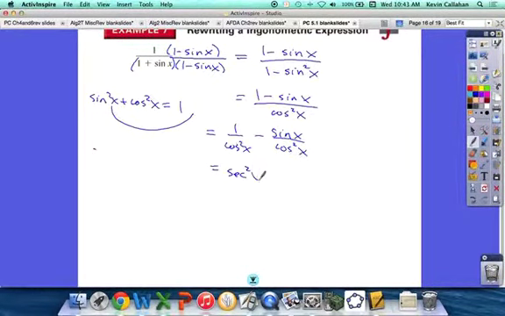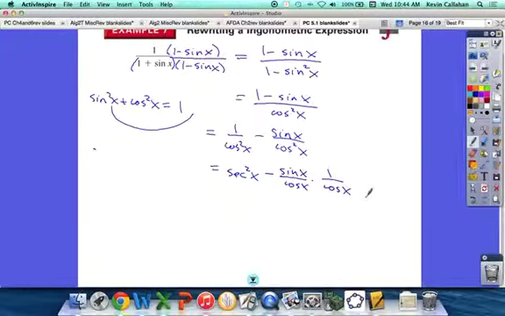Secant squared x. Now this is a little bit of a problem because you've got a sine in the numerator and cosine squared in the denominator. But if you break off this cosine squared, write it like this: sine x over cosine x times 1 over cosine x. Right, there's your cosine squared.